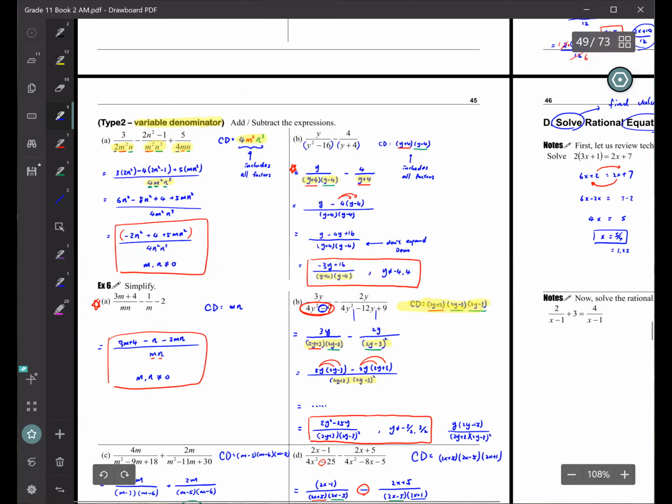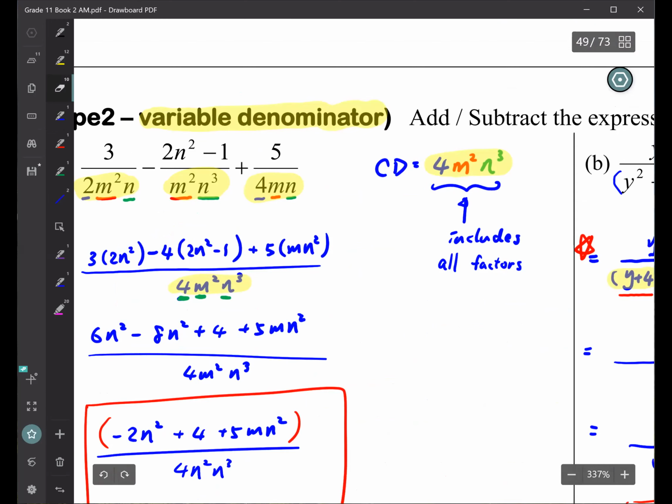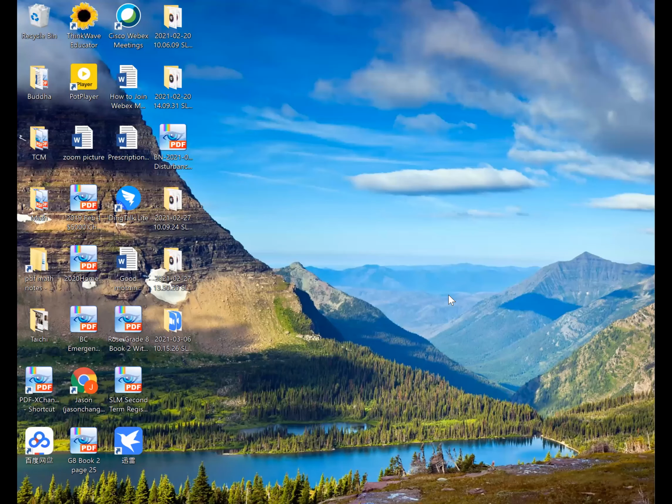Okay, to find the common denominator, the key sentence is here. You want to make sure it includes, right here. Okay, it crashed. Okay, give me 1 sec.